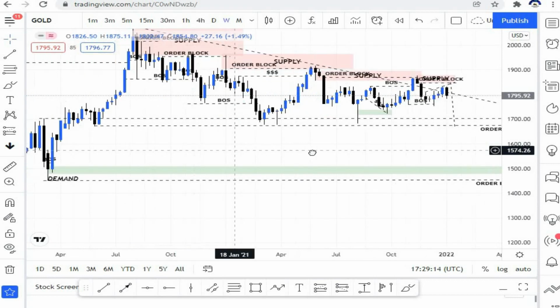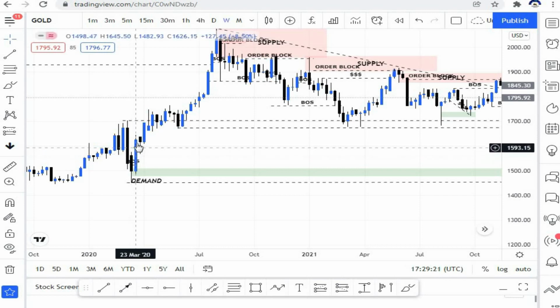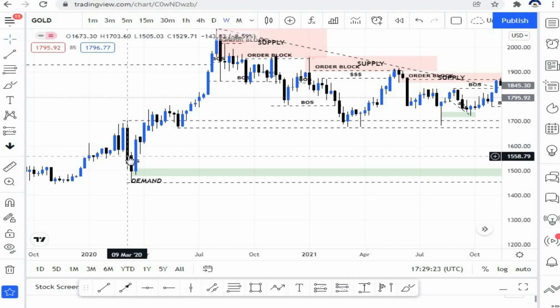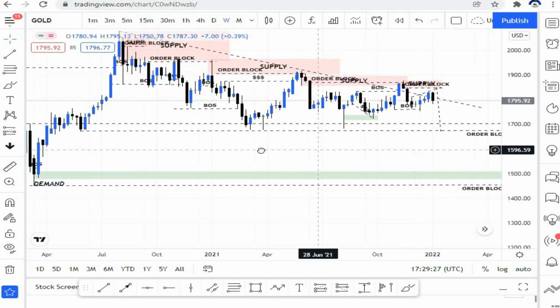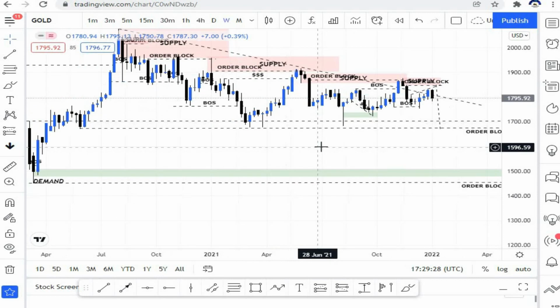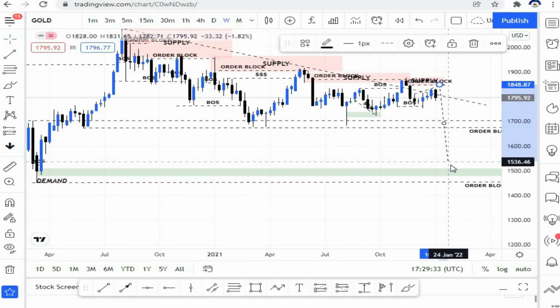As you can see, the lower high was taken out by this bullish engulfing, meaning this zone will now become our OB right there. That's why I'm expecting price to come and pick the orders around this zone.